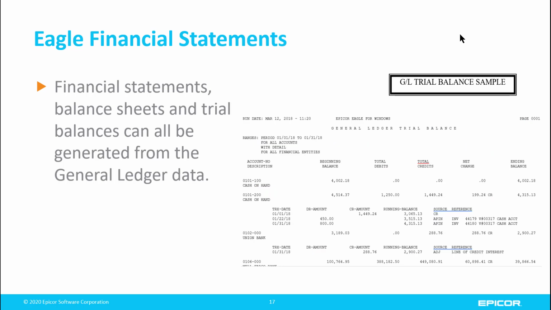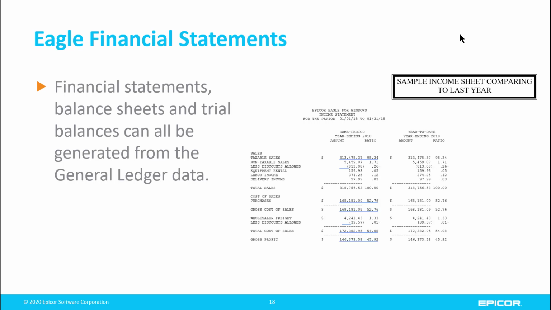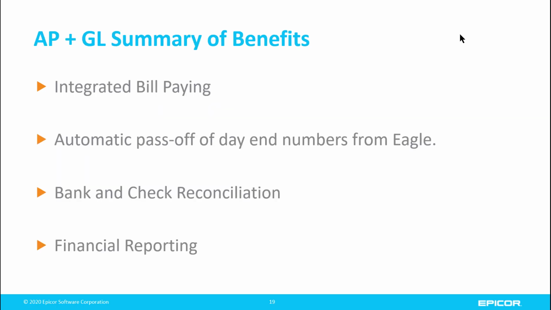And then there are various other reports, such as a trial balance. So I can always break down my balances by GL bucket and what debits and credits have hit against those GL buckets over a date range. And then an income sheet, a basic simple income sheet. So lots of different basic reports.